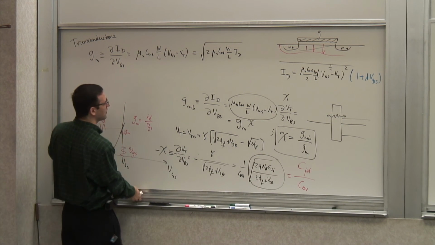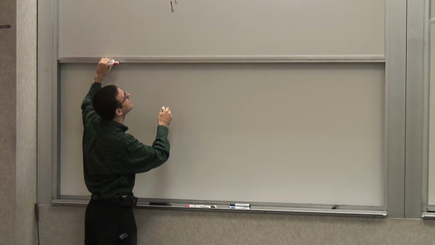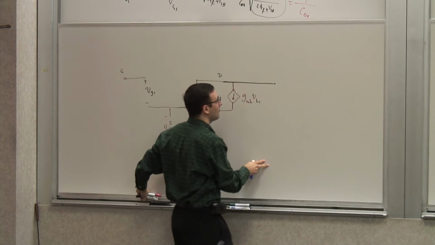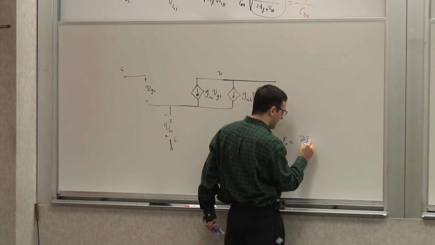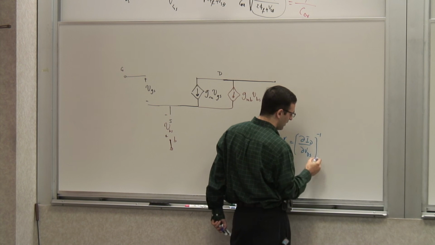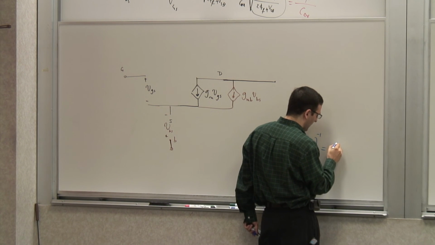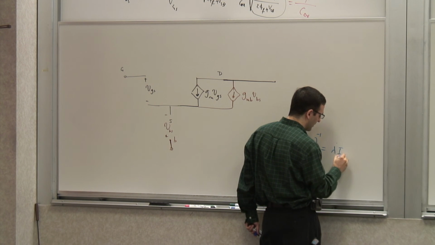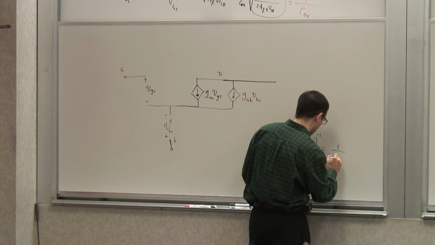And by definition, RO is dID/dVDS to the power of minus 1, which you can easily show is simply 1 over lambda ID.